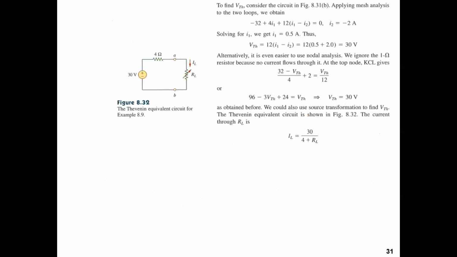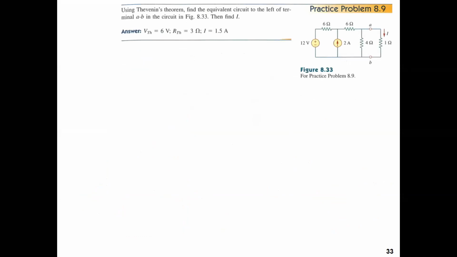Okay, so let's move on to another example here. Using the Thevenin theorem, we need to find the equivalent circuit to the left of this. It depends: if RL is on the right, then the equivalent Thevenin has to be to the left of it.